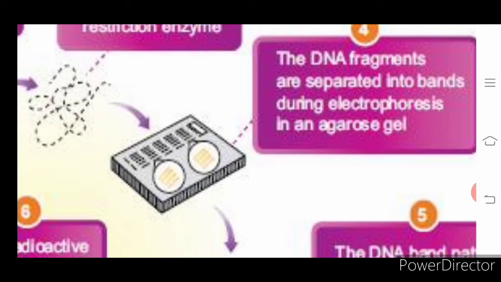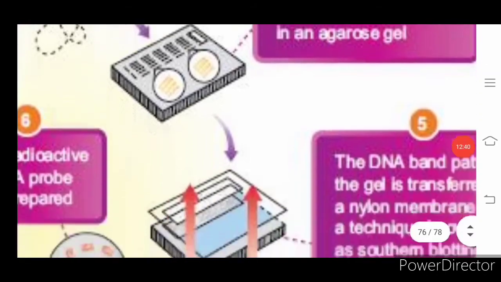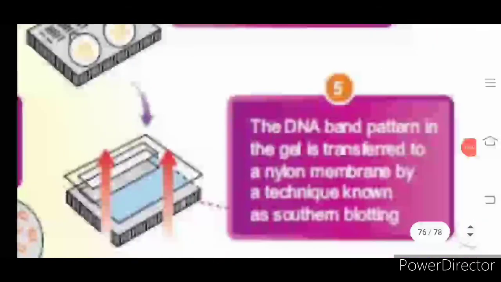So these DNA fragments undergo the electrophoresis process so that they will be segregated and stay in one place. Okay, so next we have step 5. The DNA band pattern in the gel is transferred to a nylon membrane by a technique known as the Southern blotting technique.